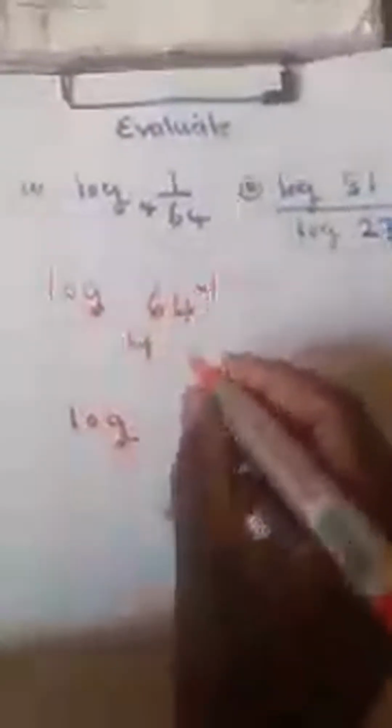So log 1 over 64 base 4. Then they say evaluate. To evaluate, it means the word log must disappear. So it's now log 64, 1 over 64 is the same as 64 to the power of negative 1. Hello, Angelina, how are you? Right, so base 4. We're going to say log 64. We want to raise 64 in base 4.